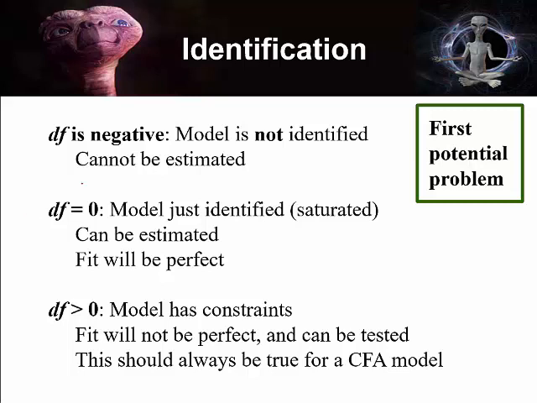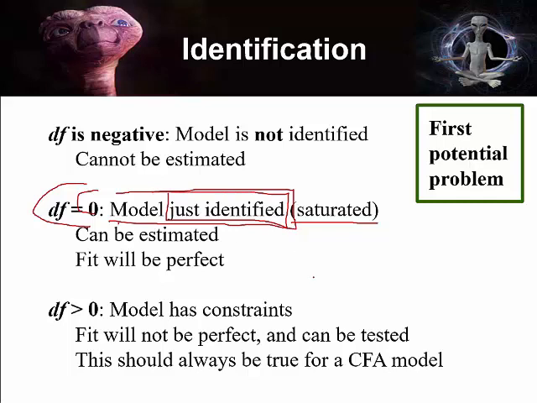Now, if we have 0 degrees of freedom, that's when the number of elements in our variance-covariance matrix is exactly equal to the number of parameters that we're estimating in our model. We talked about how that would be a saturated model, or another term for that same thing is a just identified model. With 0 degrees of freedom, saturated, or we could also call that just identified, as another term that people sometimes use to describe a saturated model.